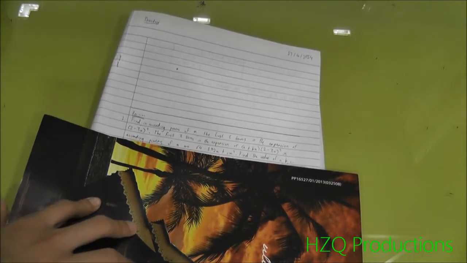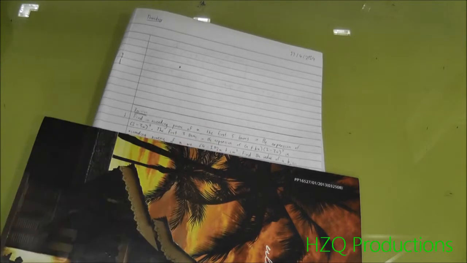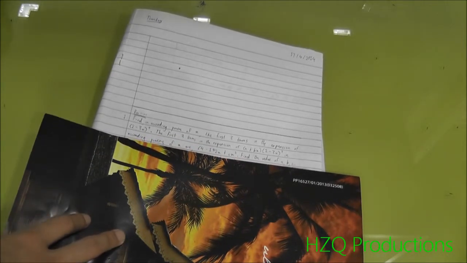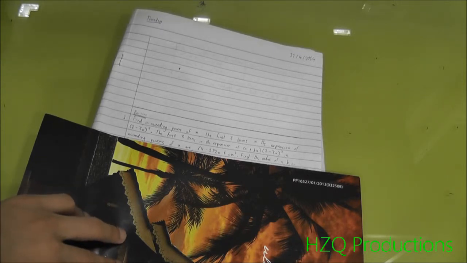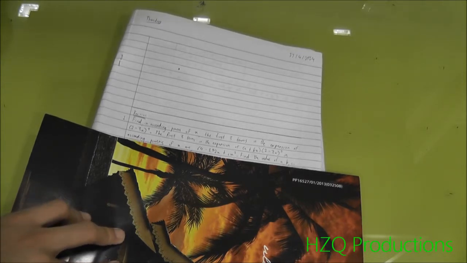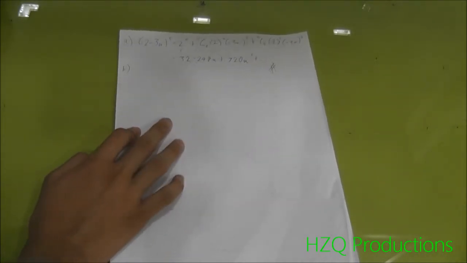The first three terms in the expansion of this in ascending powers of x are 64 minus 192x plus cx squared. Find the value of a, b, and c. Okay, so now let's continue with part b.